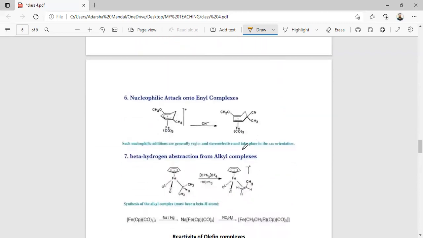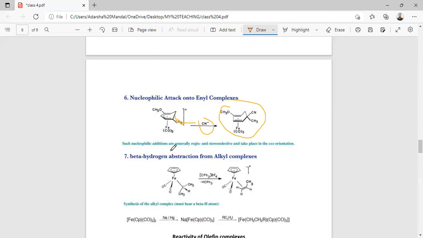So next one is the nucleophilic attack onto an enyl complex. Such nucleophilic additions are strong. Here this Cp(CO)2 moiety is attacked by chloride, and that will form the metal alkene complex.